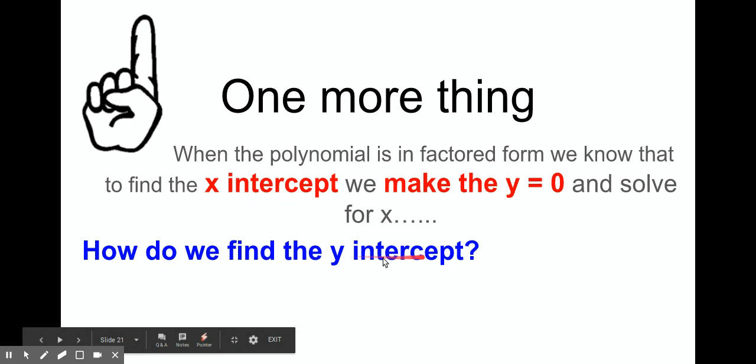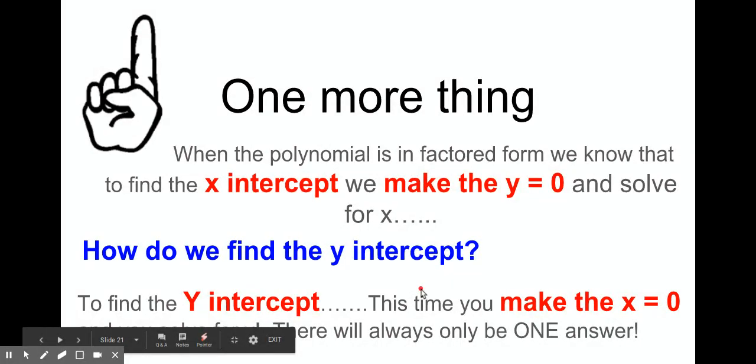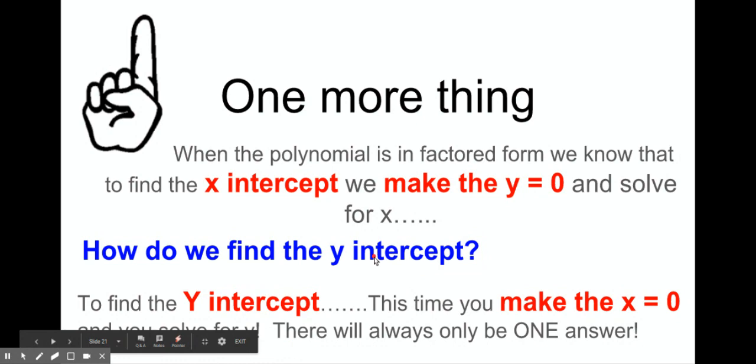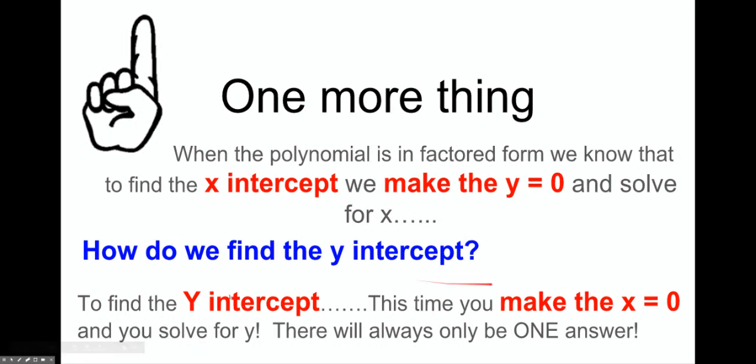How do you find the y-intercept? To find the y-intercept, instead of making the y equal 0, you keep the y and you make the x equal 0. So it's very similar. Then you solve for y. And there will always be one answer.